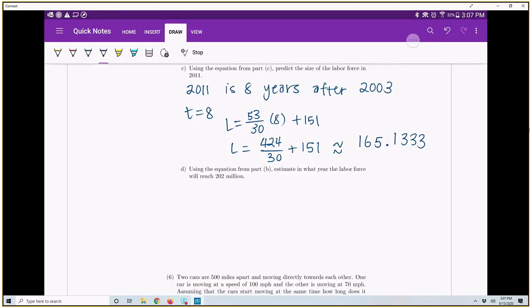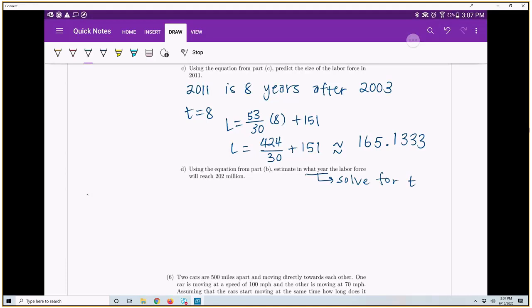Finally, it asks us to use the equation from part B to estimate in what year the labor force will reach 202. So it's very similar to the problem we did before. When we see what year, we're going to say, okay, I'm solving for T. And that's going to give me an answer in the number of years since 2003, so then I'm just going to add it to 2003 to find the year in which it would happen.